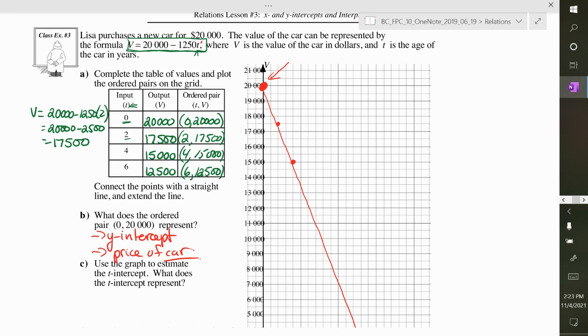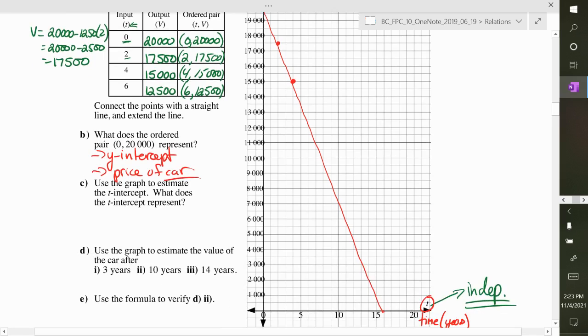Then as soon as you drive it off the lot, what happens to the value of the car? It starts decreasing. What does the t-intercept, i.e., so t is on our x-axis, so this is the x-intercept, what does that represent? This number right down here, it should be about 16 years.